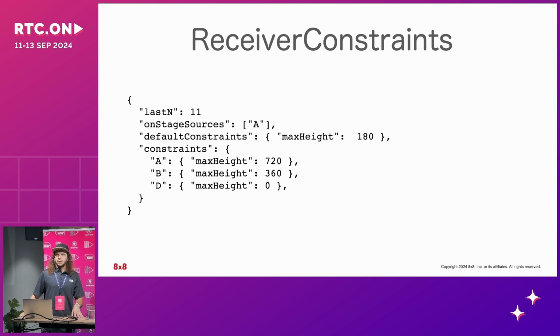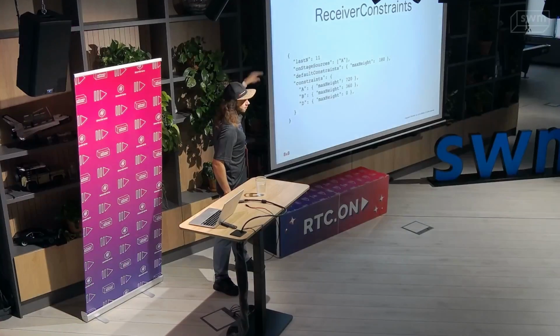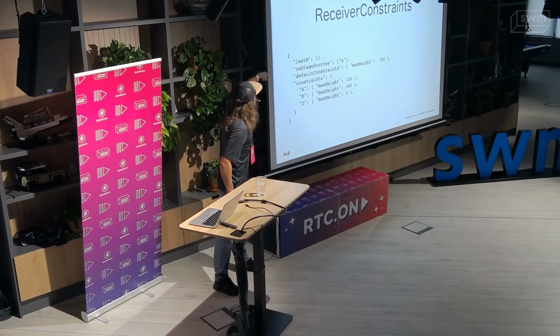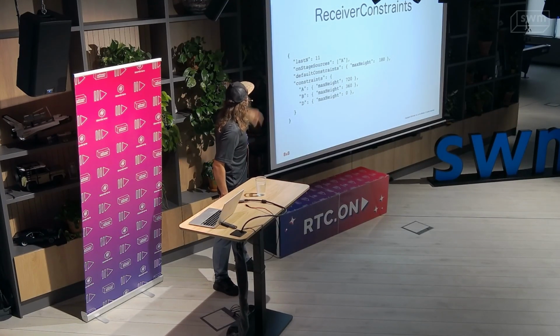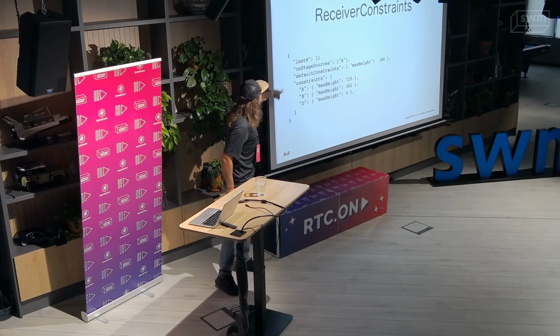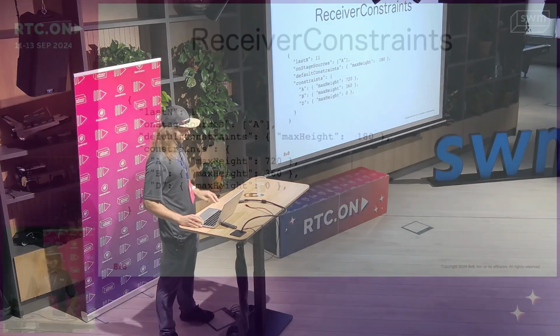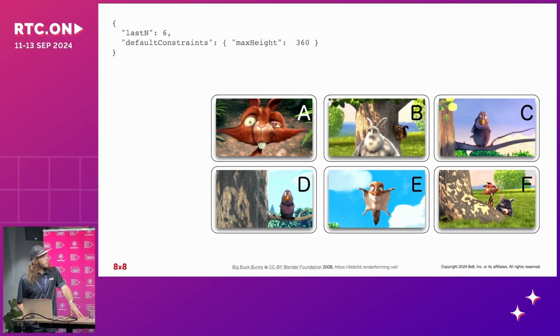The preferences from the receiver we describe with a structure like this. So we have last n. This just means the maximum number of streams that the receiver wishes to receive. We have a list of on-stage sources that we'll talk about later. And then we have some constraints in terms of resolution for each endpoint.